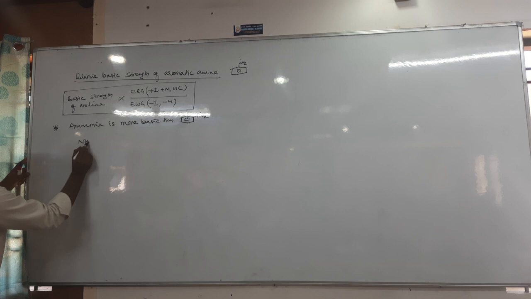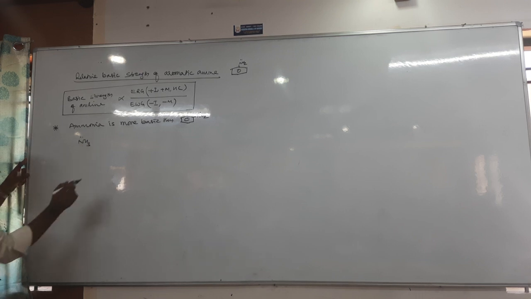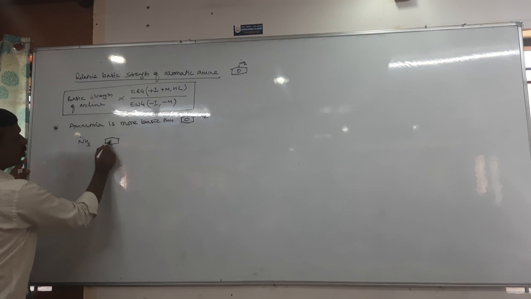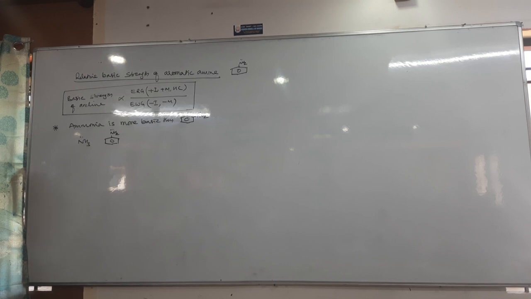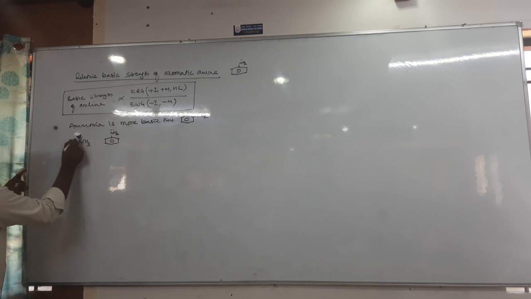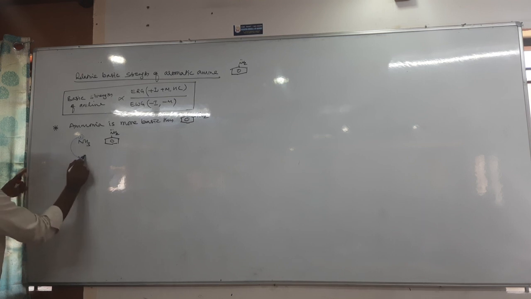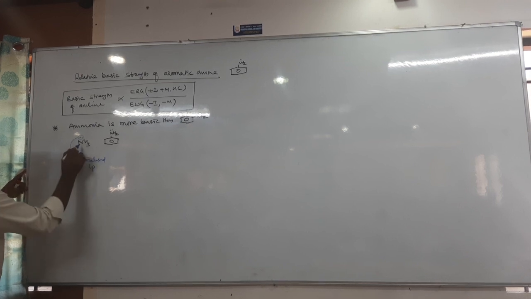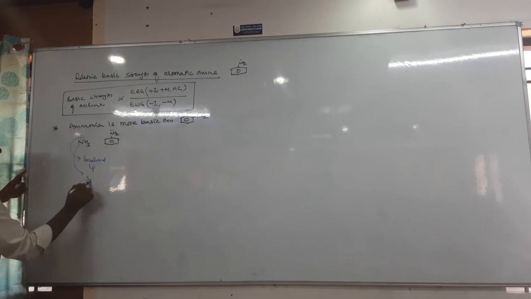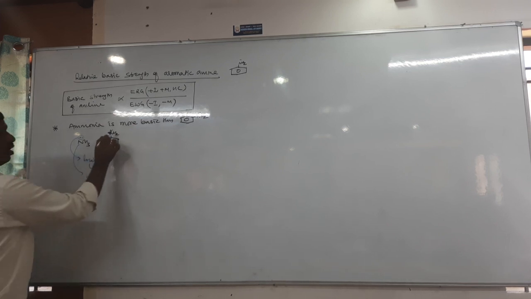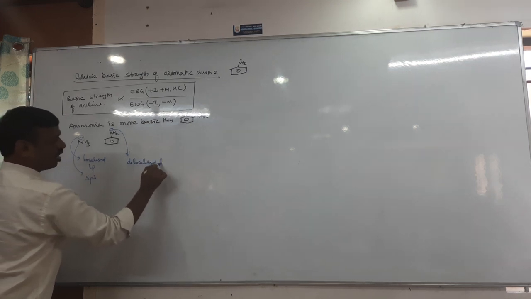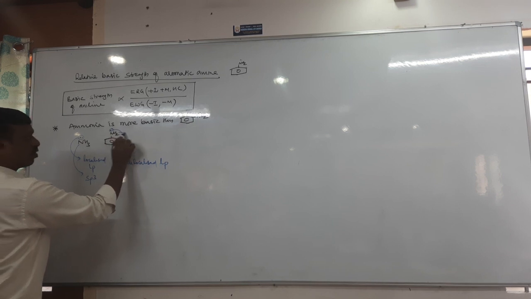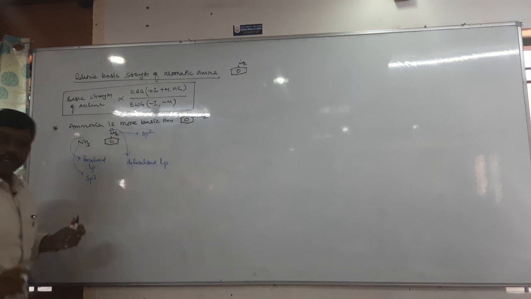Because in ammonia there is a lone pair on nitrogen. Even in aniline there is one lone pair on nitrogen, right? Both have one lone pair each. The first difference is that in ammonia this is a localized lone pair, and the nitrogen undergoes sp3 hybridization. The next difference is that in aniline this is a delocalized lone pair, and the hybridization of this nitrogen is sp2.